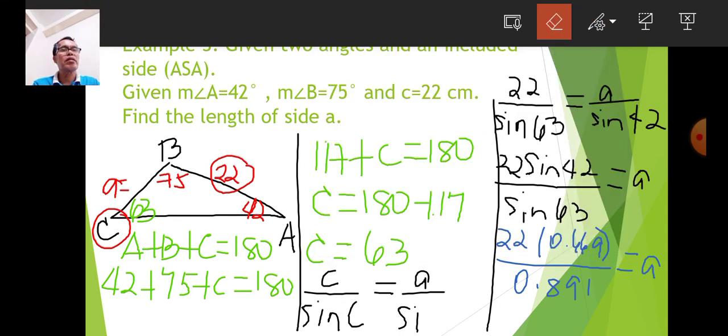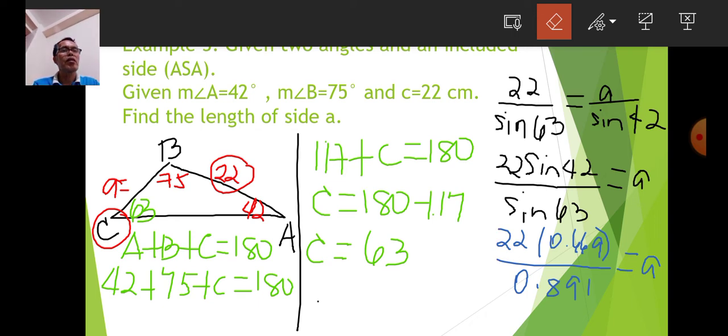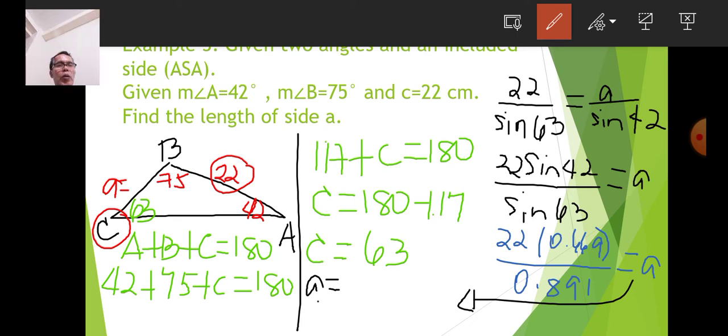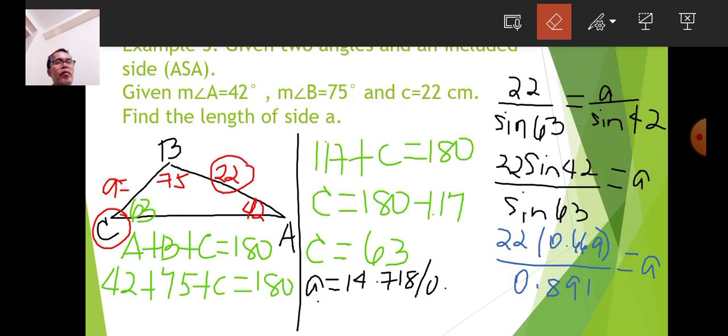So a is equal to 22 times 0.669, you will have 14.718, over 0.891.